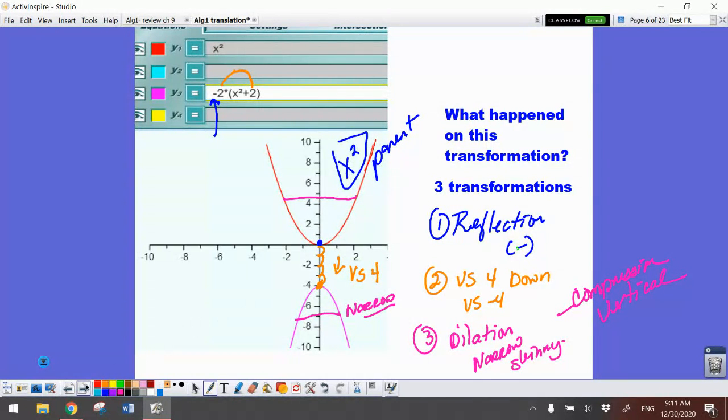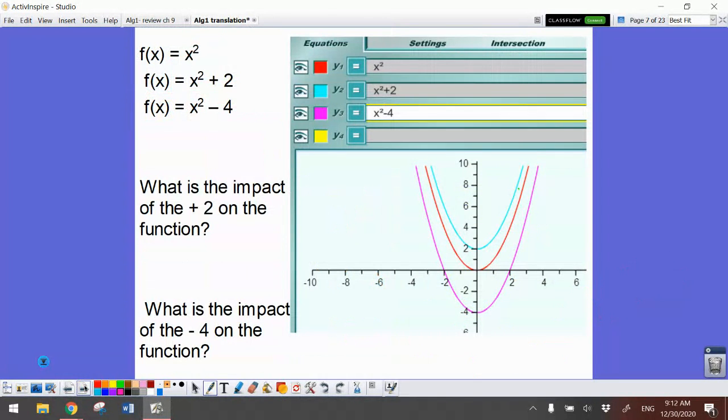All right, so what we're going to do now is take a look at the parent function compared to 2 other functions to figure out how the quadratic function transforms when we adjust it. Okay, so the first thing I want to look at is these 3 functions.